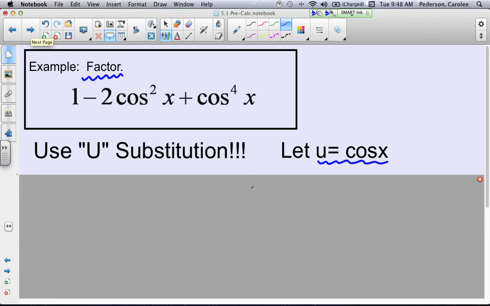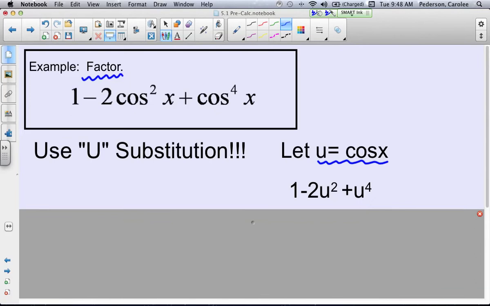Remember when we did factoring, we had methods of difference of two squares, trinomials, the AC method or the chart method. When there were 4 terms, we did the grouping method. Those things come back into play.